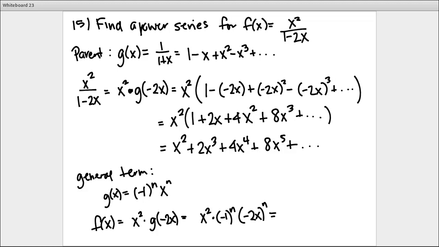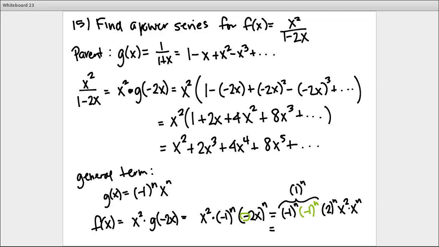And so we can separate this out, and you've got the negative 1 to the nth power in front. You could actually pull this negative right here, not that one. We can take this and put it as a negative 1 to the nth power, and then I still also have a 2 to the nth, and I have an x squared, and I have an x to the n.